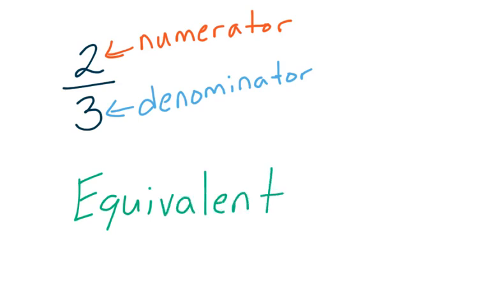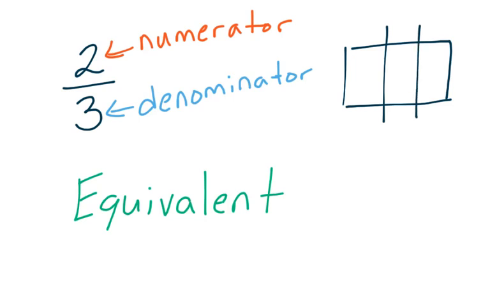So when we're creating equivalent fractions, we need to create a fraction that is equal to the one that we're given. If we started with 2/3, we can draw a diagram to figure out what 2/3 represents. I'm going to draw a rectangle, and I'm going to split my rectangle into 3 even pieces.